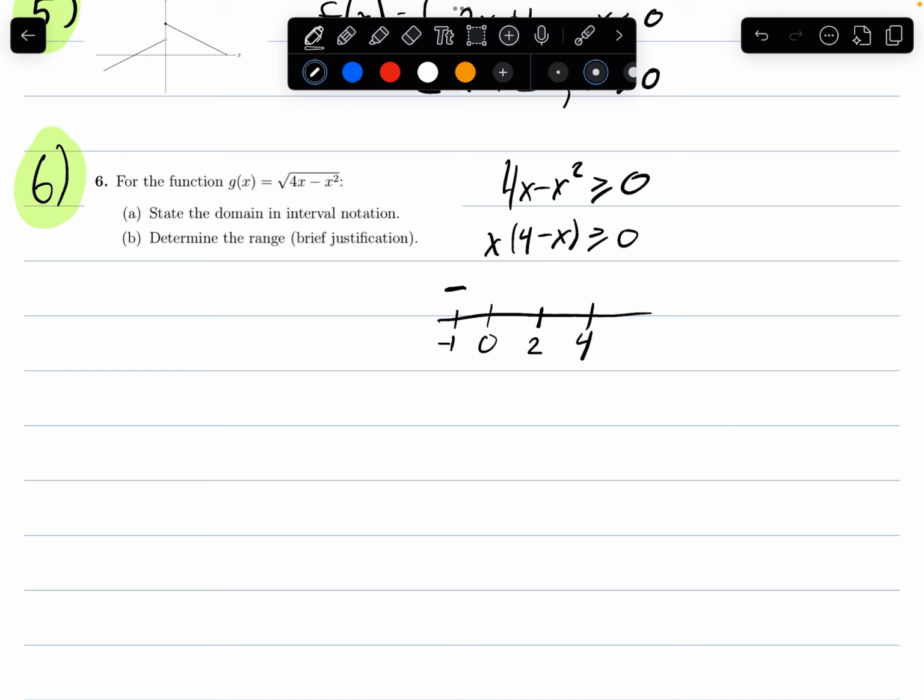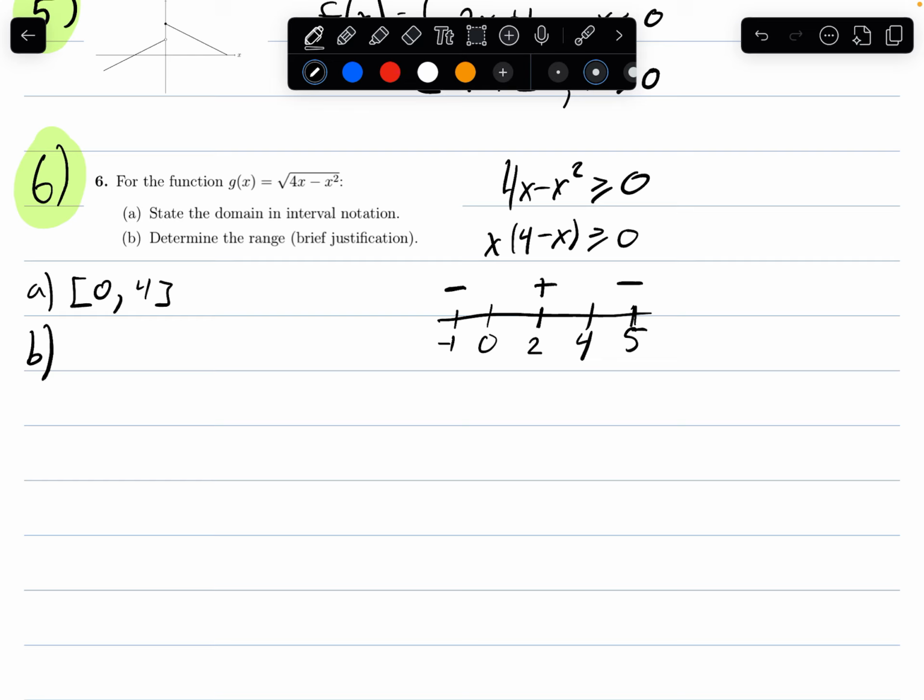If I plug in 2, I get a positive, and if I plug in something like 5, I get a negative. And you can check this for yourself. So the only place where it's greater than or equal to 0 is between 0 and 4. So for part A, it's going to be 0 to 4, and we're allowed to include 0 and 4 because we can take the square root of 0.